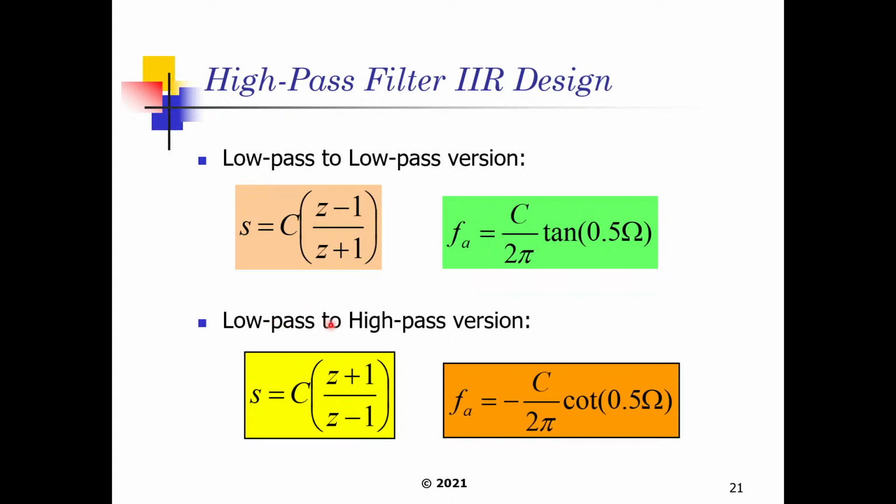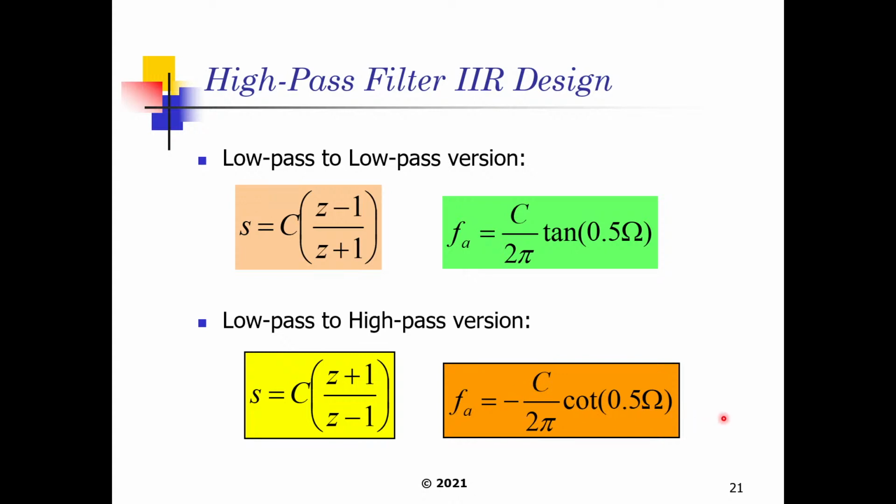But when you go from a low-pass analog to a high-pass digital, this part for S is going to flip. So S equals C (Z+1) divided by (Z-1). And our f of A equation now becomes negative C divided by 2 pi cotan of 0.5 pi.